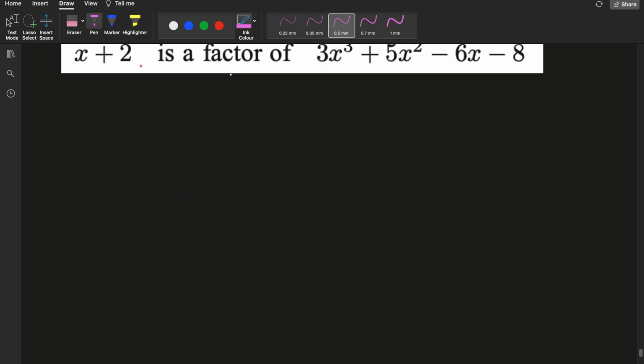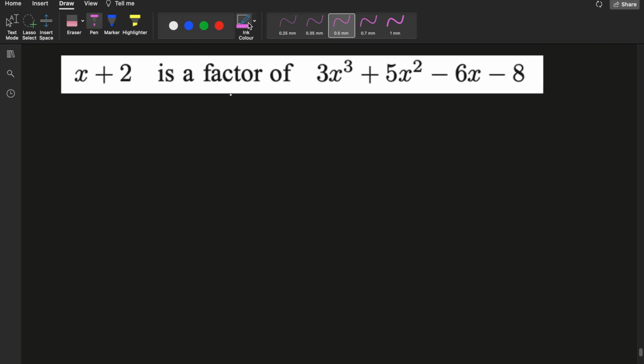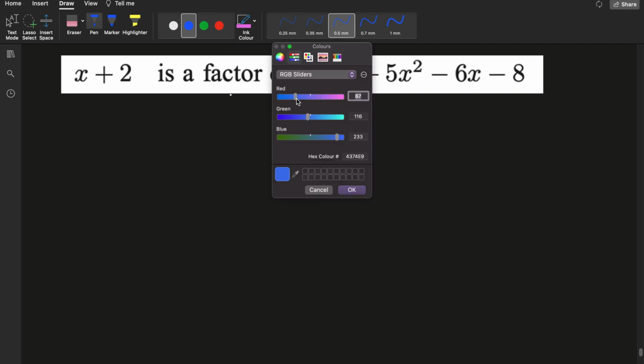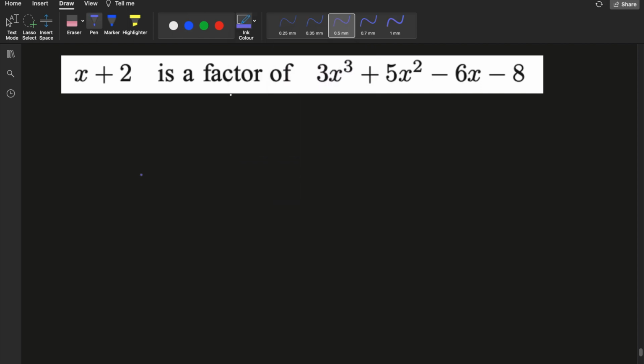Now let's move on to this question. We'll see if this is a factor. Let p of x equal 3x cubed plus 5x squared minus 6x minus 8.